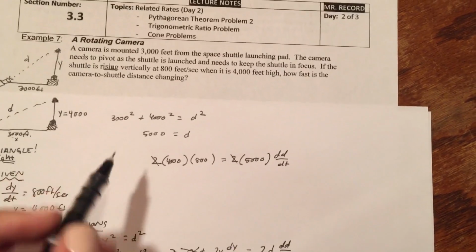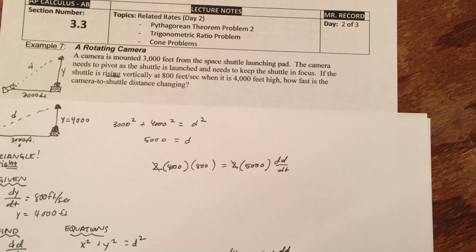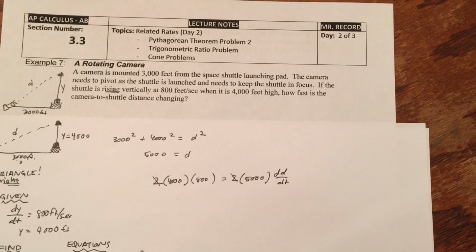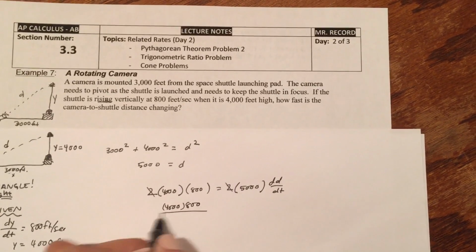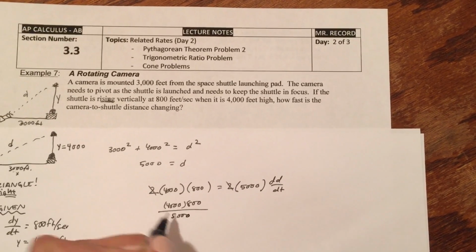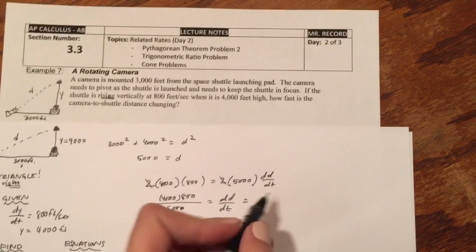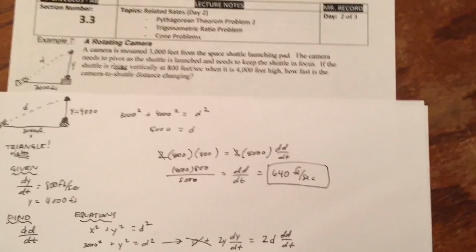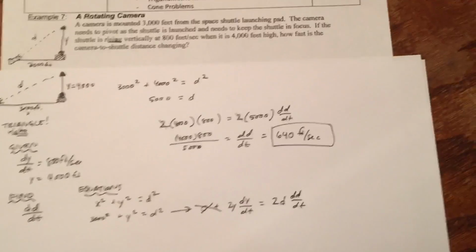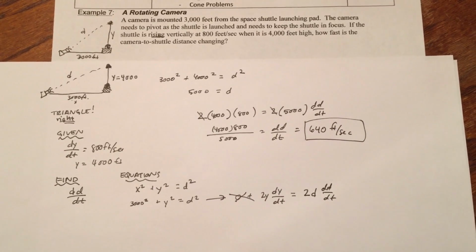I just see that these 2's are going to cancel, but if you want to multiply it out and then divide, I'm totally fine with that. Eventually what you're going to get is 4,000 times 800, all divided by 5,000, and if you simplify it, you'll get 640 feet per second. Awesome, great. I'm going to pause it so you guys can take a second, digest, and then I'll go through the next part of this problem.